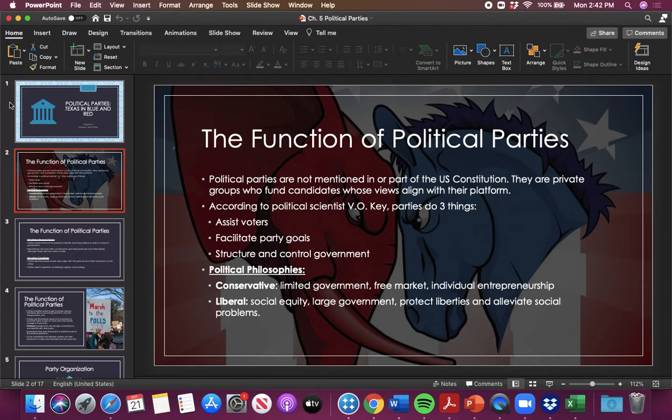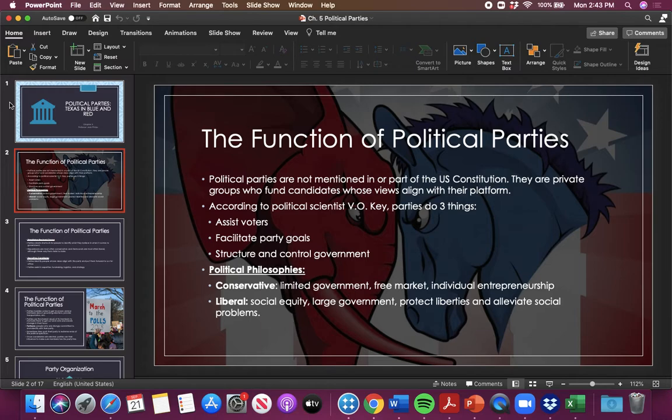And it's kind of a shortcut to finding people who agree with your point of view. They facilitate party goals. So once you identify what it is that you stand for, the parties are there to help you form a coalition with other people. And then, of course, they run candidates so that they can control the structure and the process of government.